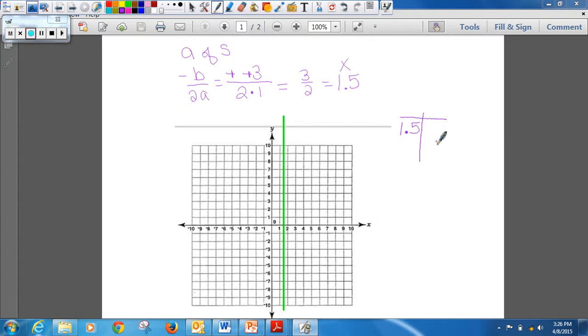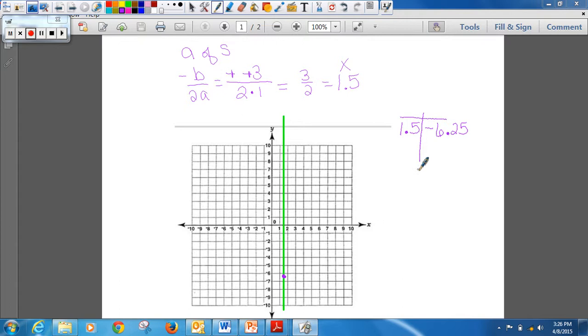So I'm going to plug in 1.5 to our original equation. When I plug it in, it gives me a negative 6.25. So I get 1.5, which is on the line of symmetry, negative 6.25, which would be approximately there.